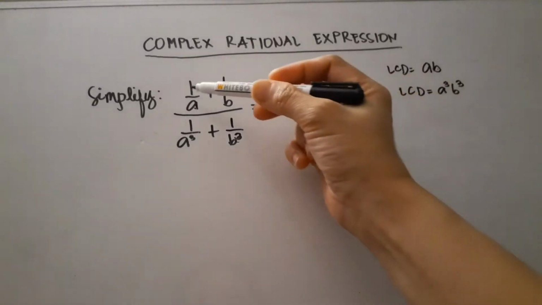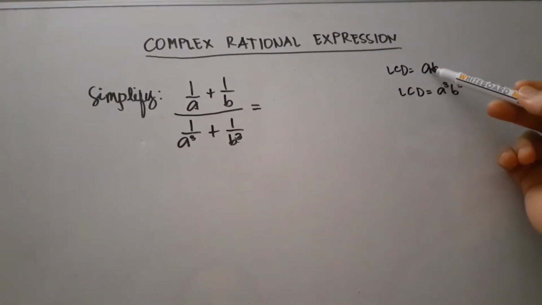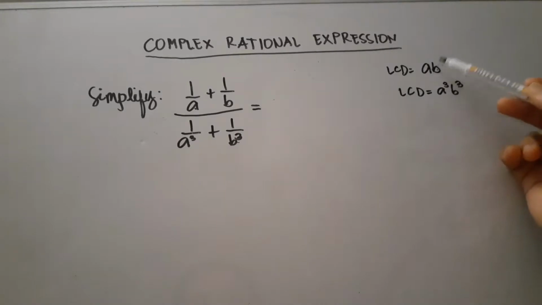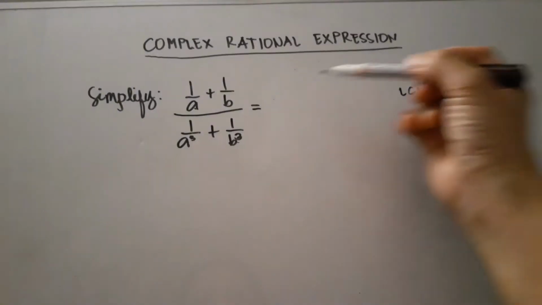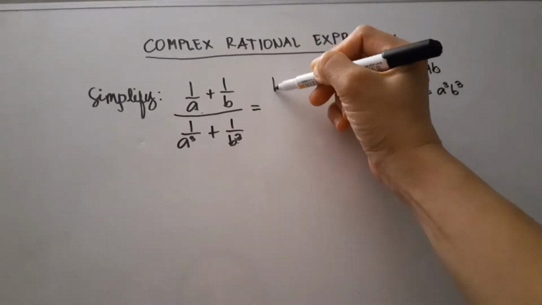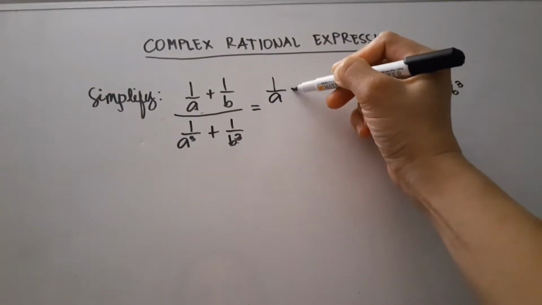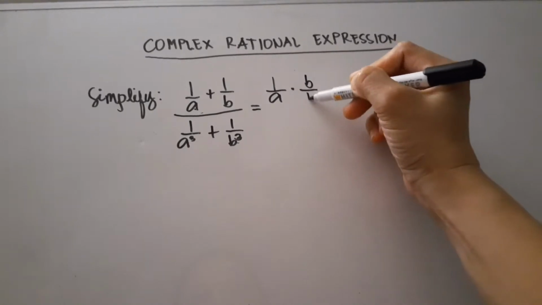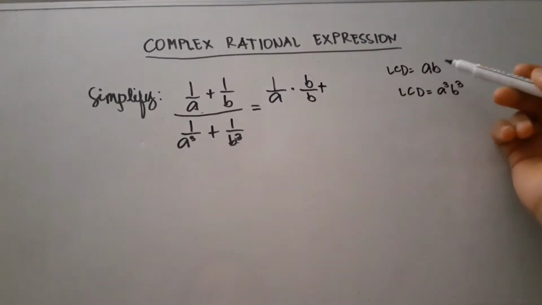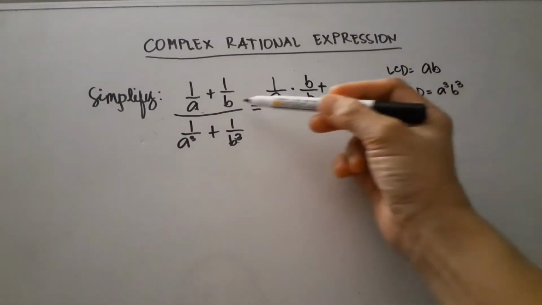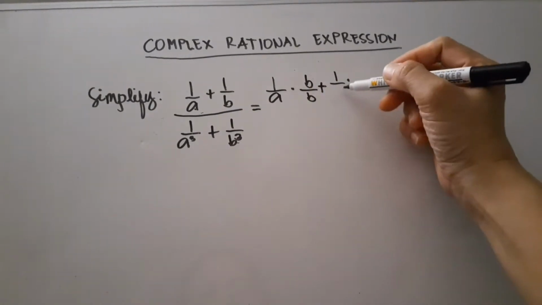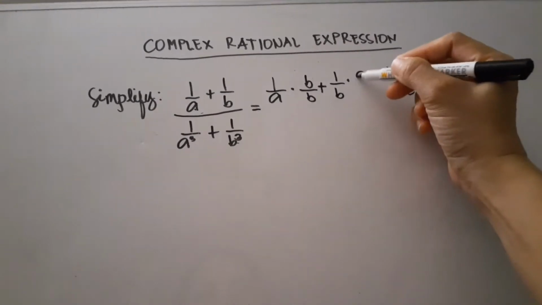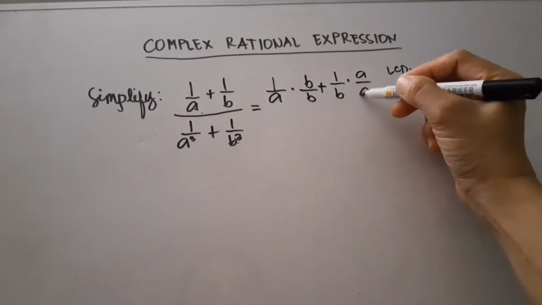And then when we simplify, we multiply each fraction: ab divided by a becomes b, so 1 over b, we multiply 1 over b by a over a, and ab divided by b is equal to a.